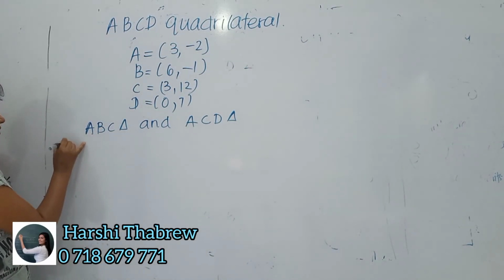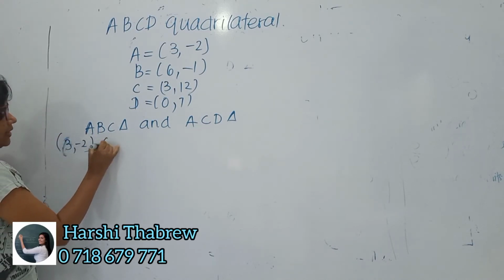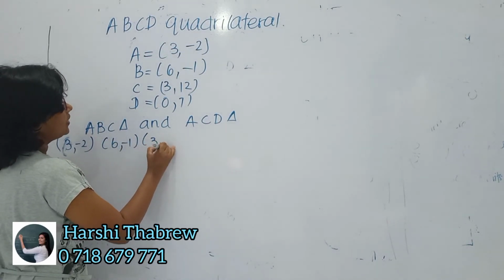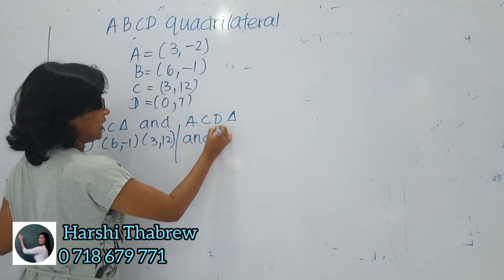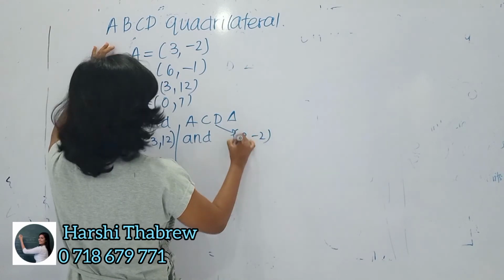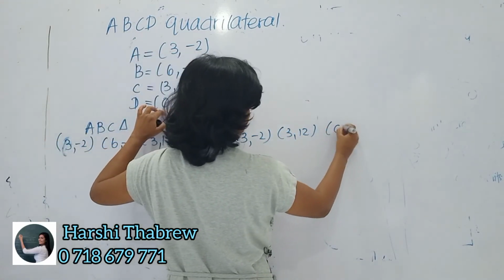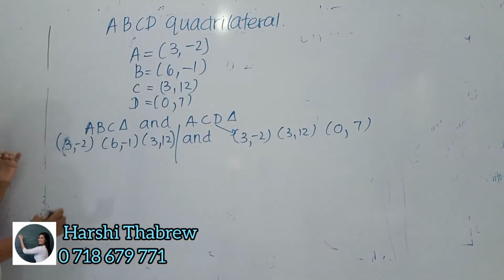Here we have to consider coordinates (3, negative 2), (6, negative 1) and (3, 12). And for the ACD we have to select (3, negative 2), (3, 12) and (0, 7). Right? Then let's find the area of ABC.